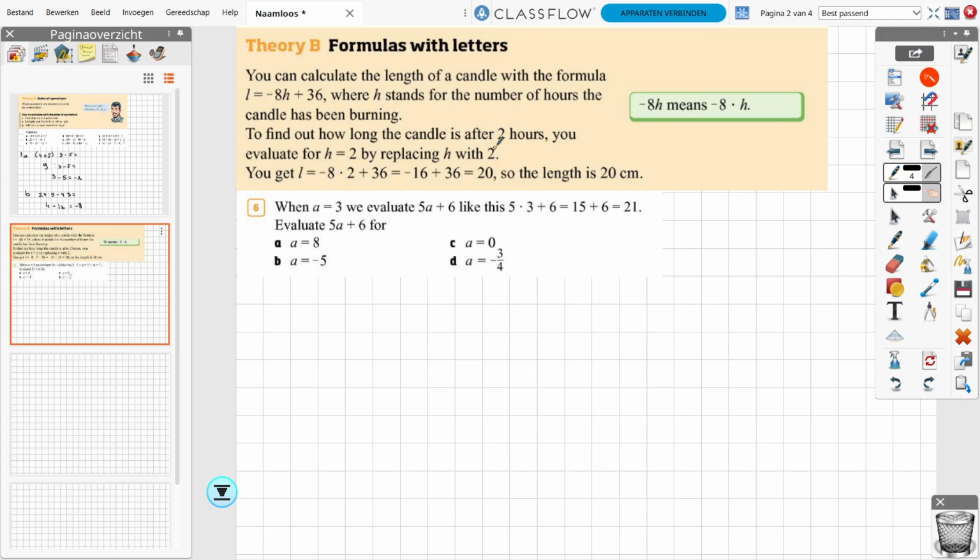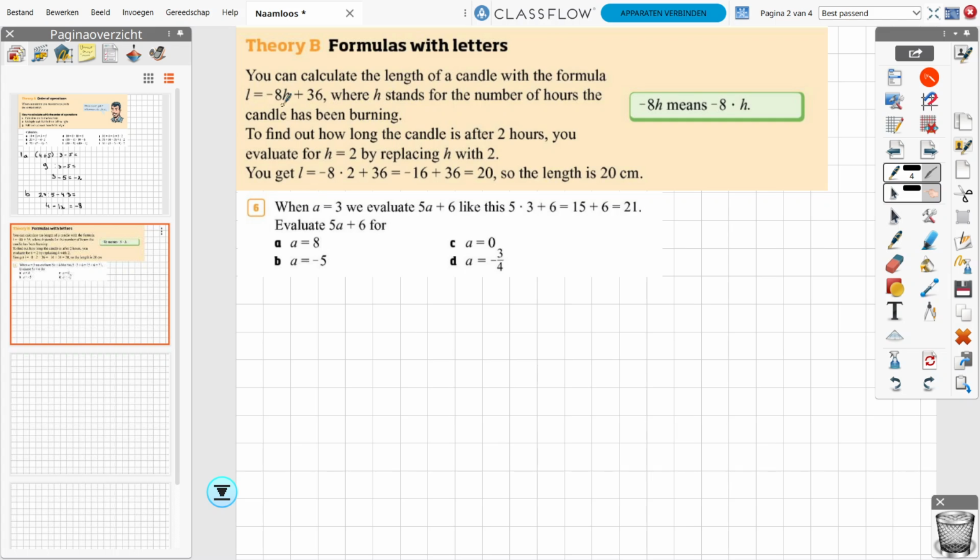This formula can help us quickly calculate, in this case, the length of the candle after a certain amount of hours. If I want to calculate how long the candle is after 2 hours, that means H equals 2. So calculate what happens when H is replaced by 2. The H changes into 2. So here, L, the length, equals minus 8 times 2.